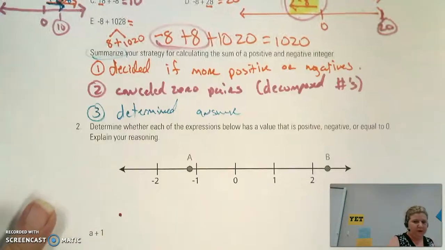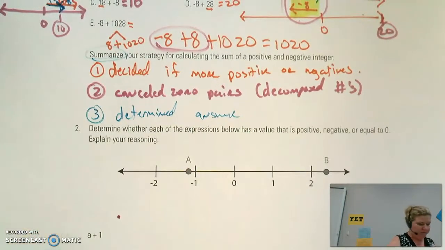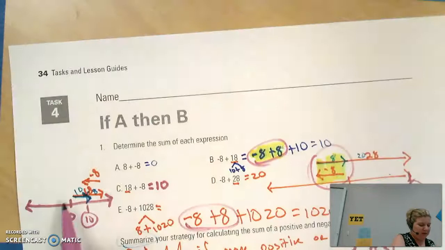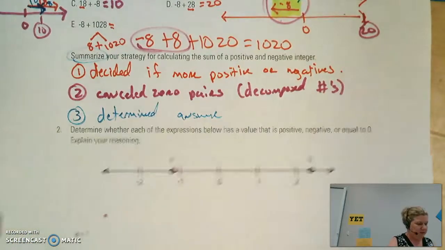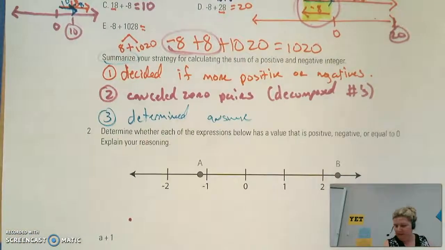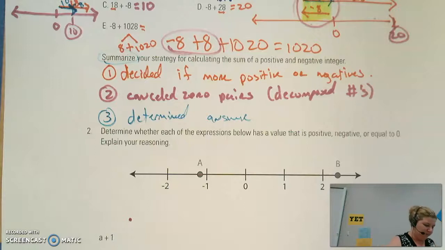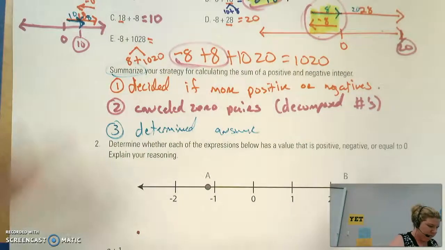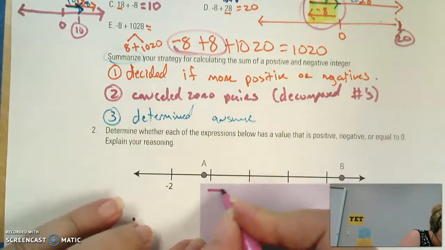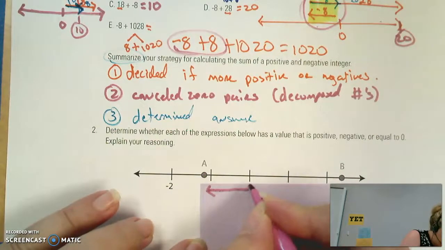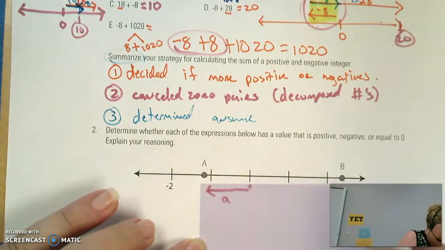So, first question, A plus 1. So what I need to do is think about how addition works. Addition on the number line, you go to the first location from 0, then from that location you use the next location to figure out your answer. So what I need at this point is some way to measure 1. Here's A, from 0.